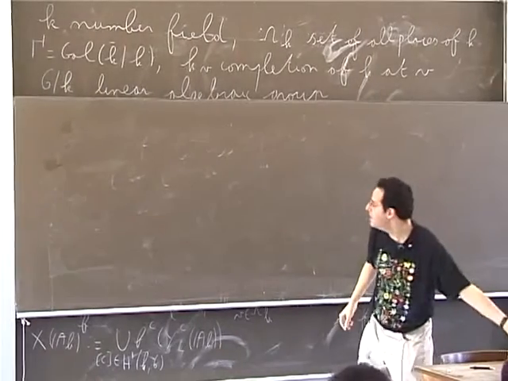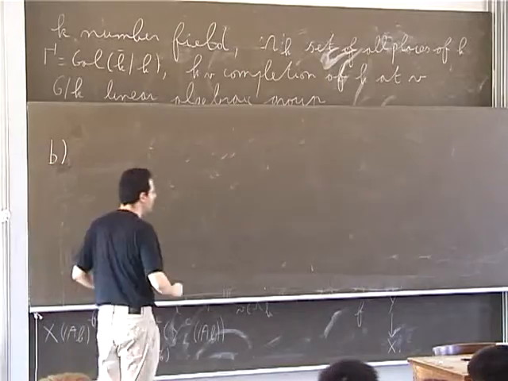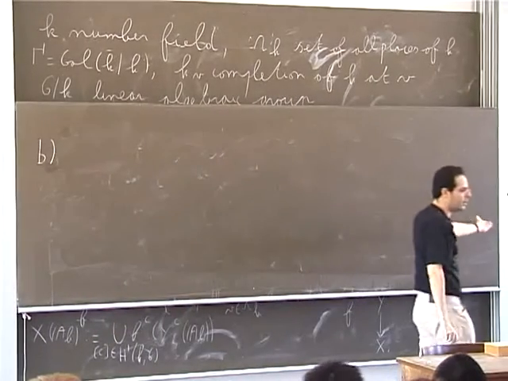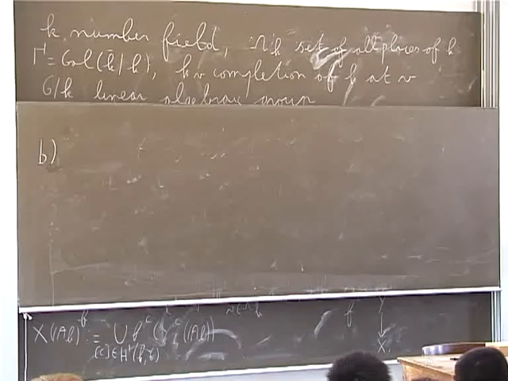So the second case is the case when you consider Brauer-Manin obstruction associated to transcendental elements.